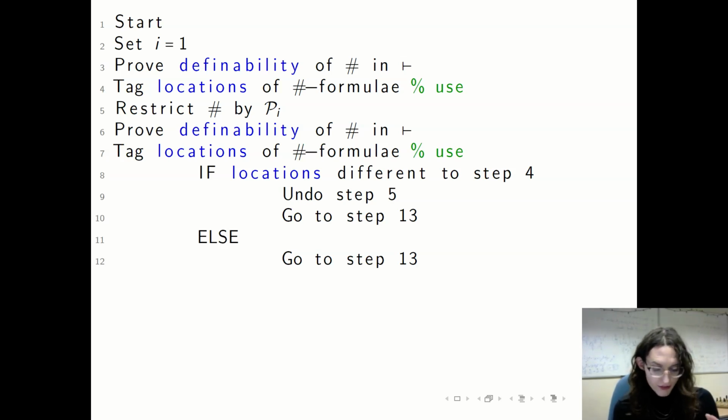Now, if the hash formula locations in the restricted rules and the corresponding proof are different to those in the proof done with the unrestricted rules, we have a change of locations of hash formulae, hence a change of use, because remember, the locations of the hash formulae are our metric for inferential use.